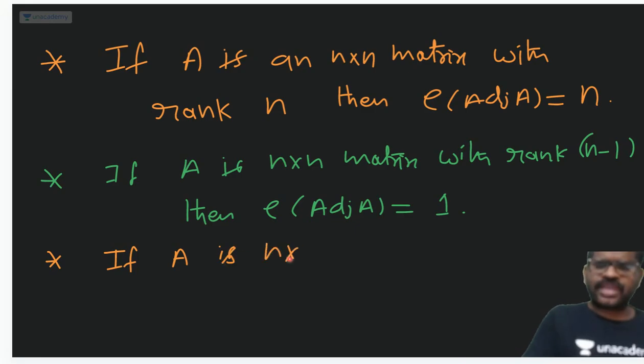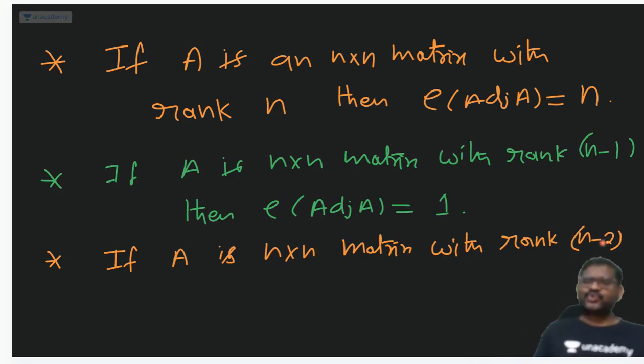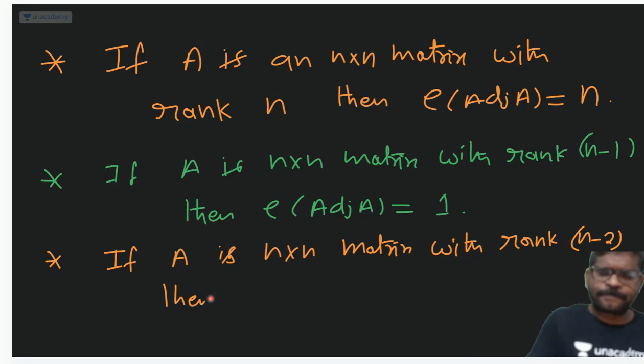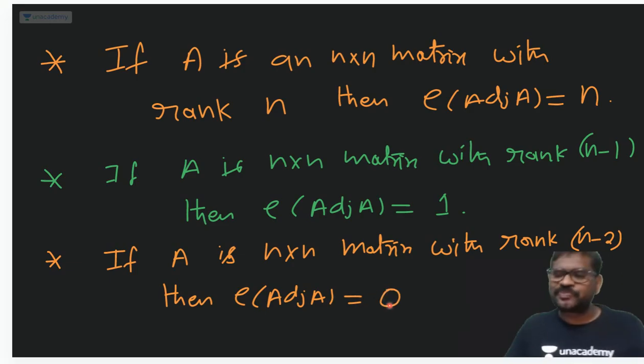If A is an n cross n matrix with rank n minus 2, then rank of adjoint A is 0.